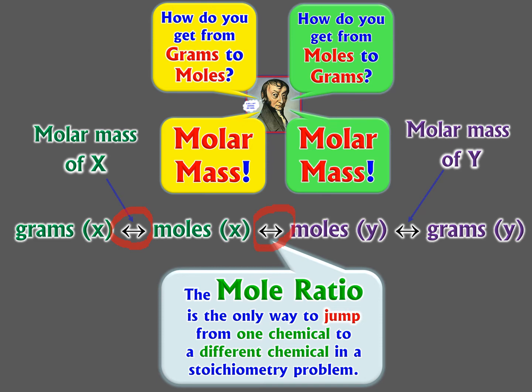Finally, at the end, we want to convert that new chemical back to grams using the molar mass of chemical Y. So notice it's a 3-step problem. We use a molar mass first, then we use the mole ratio in the middle, and then we use a different molar mass at the end. This is the pattern you're going to see in most stoichiometry problems, the real ones, going from grams to grams.